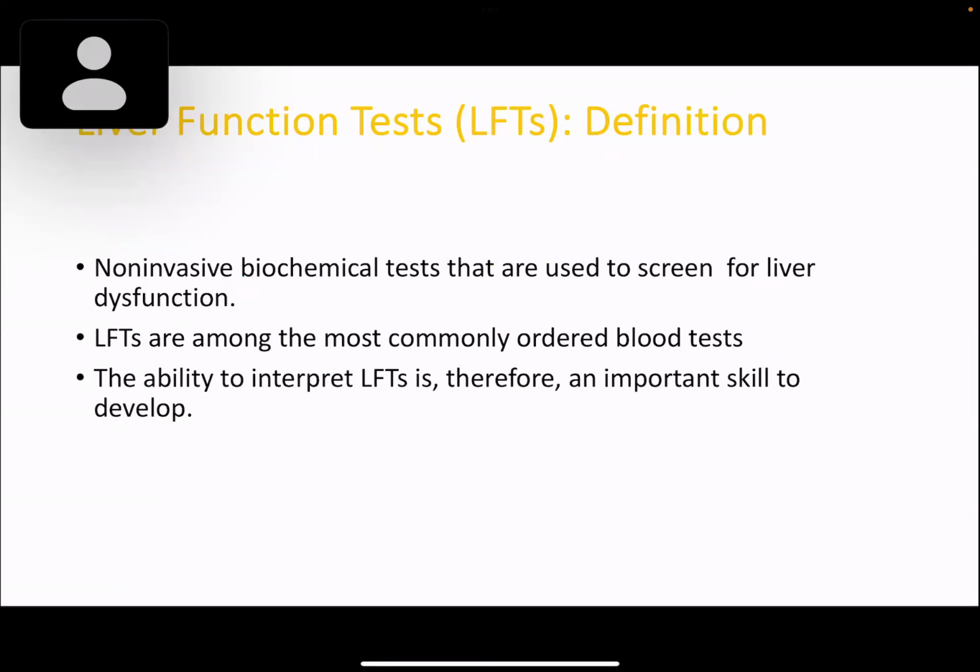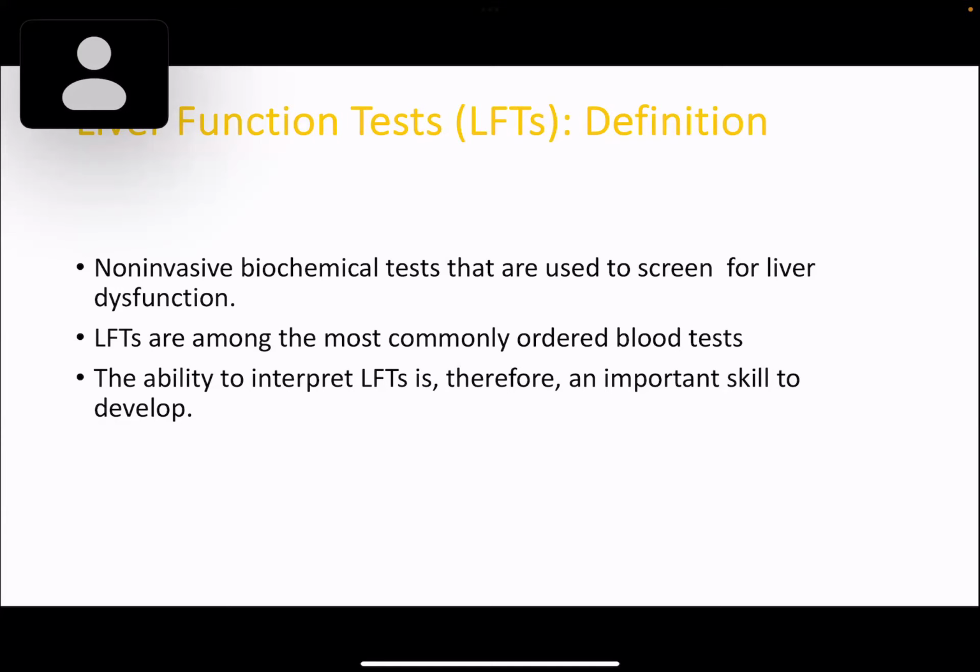By definition, liver function tests are a collection of non-invasive biochemical tests that can help us to assess the function of the liver. They are commonly requested in clinical practice, and are considered one of the basic and routine laboratory studies that should be done every now and then in patients or outpatient settings.